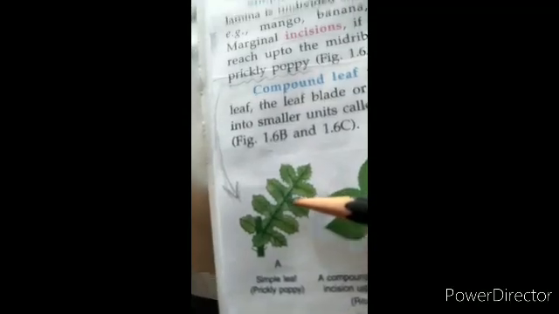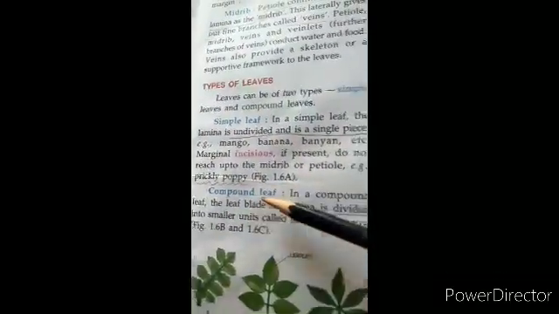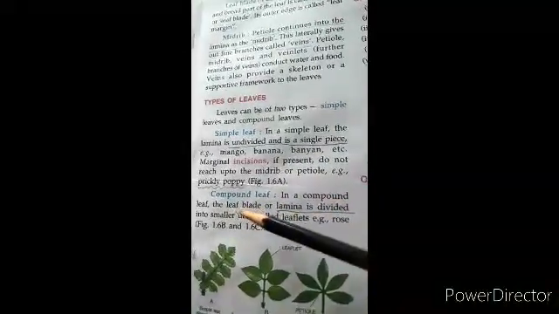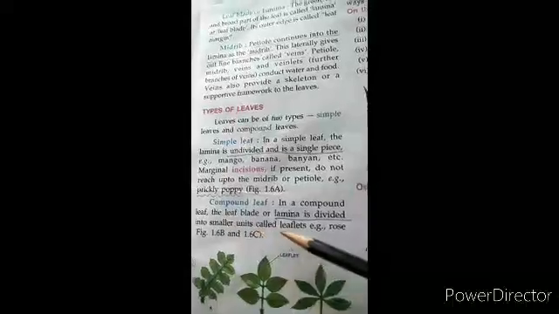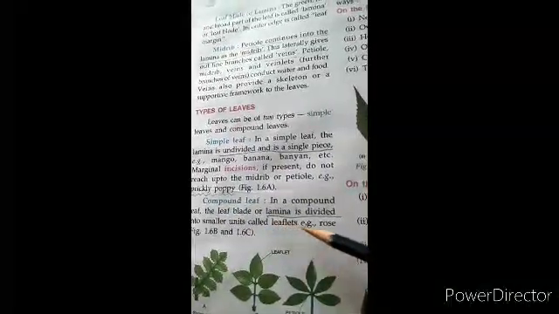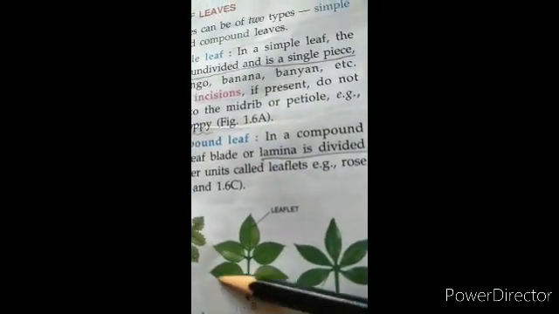That's an example. Now we go to the next leaf, that is a compound leaf. In a compound leaf, the leaf blade or the lamina is divided into smaller units, and these smaller units are known as leaflets. Now we can have a look here. Normally this would have been one continuous leaf. Normally this would be one full continuous big leaf here.